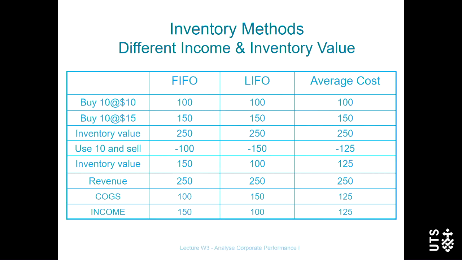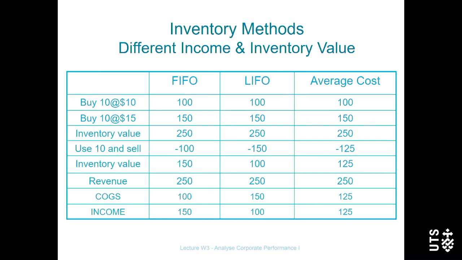Second column, we have first in, first out as one of the options to recognize inventory. The third column is last in, first out. And the last column, we're looking at the average cost using both. But we're going to focus mostly on the first in, first out, and last in, first out.